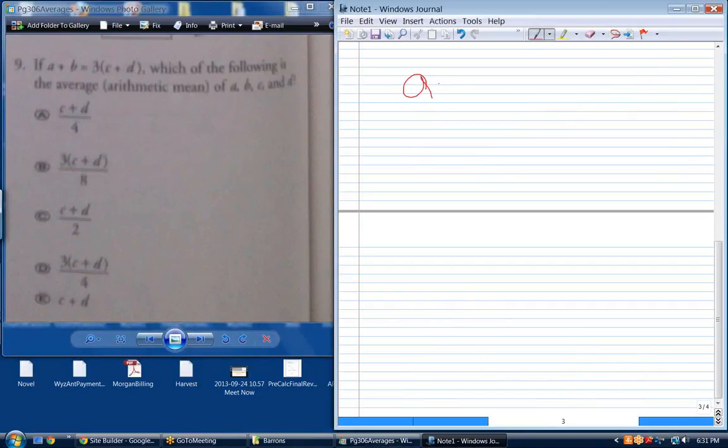Okay, what do we got? A plus B equals 3 times C plus D. Which of the following is the average of A, B, C, and D?